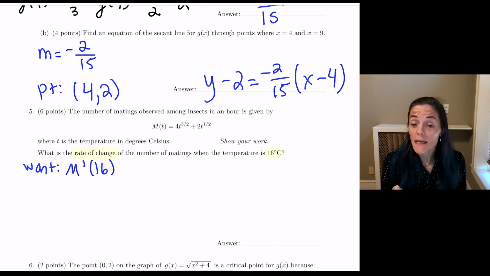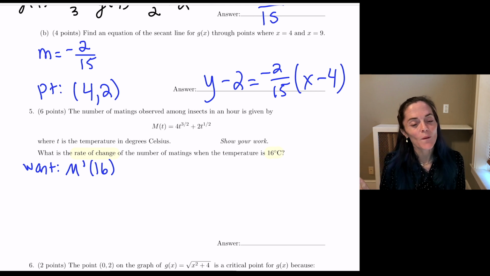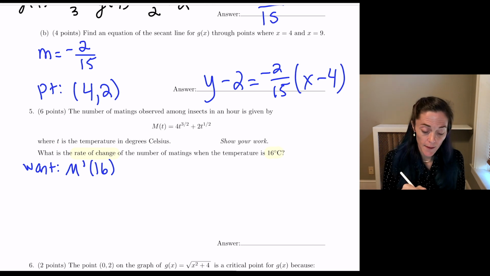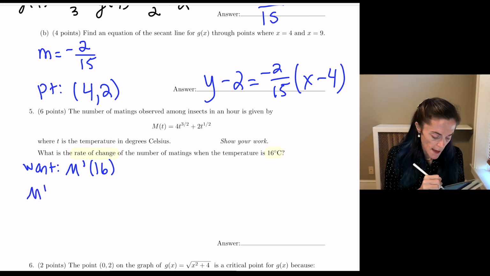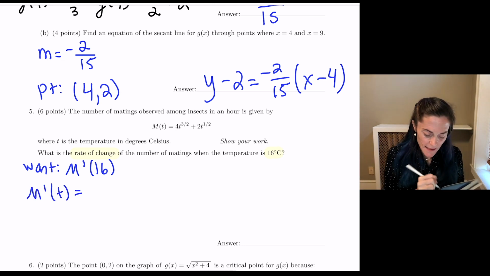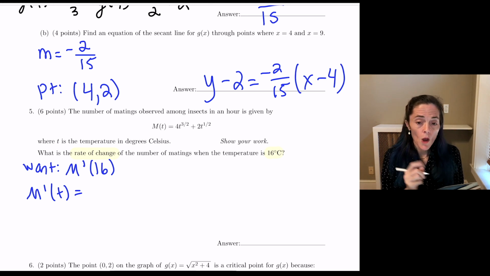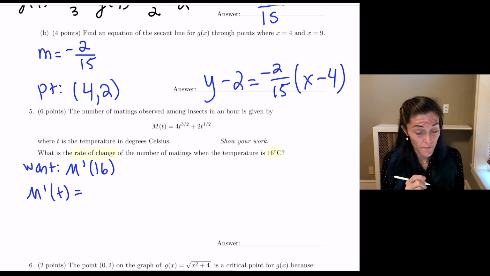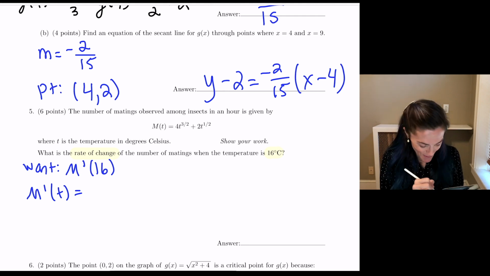Now, if you stare at m of t, this is power rule on each term. So we will take the derivative using the power rule, then evaluate at t equals 16. Wonderful. Well, m prime of t is, we have 4 times 3/2, which is the same as 2 times 3. So we have 6 t to the 1/2.